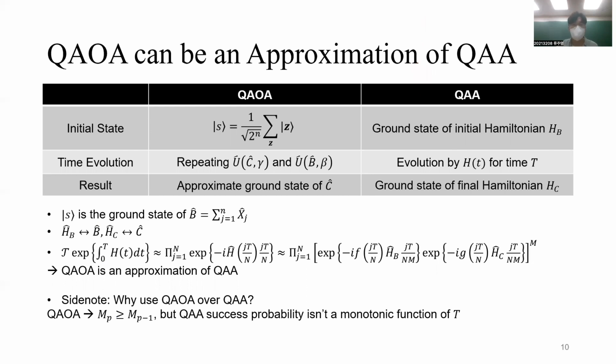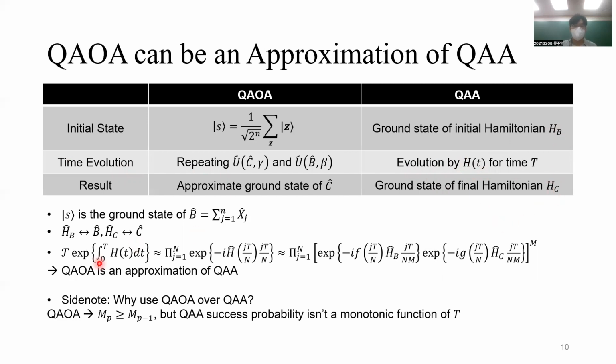Okay, thank you for the question. I guess one way we can do it is to first think about the time evolution. Let's consider the evolution of a quantum state caused by a time varying Hamiltonian where the initial Hamiltonian is called HB and the final one is HC.